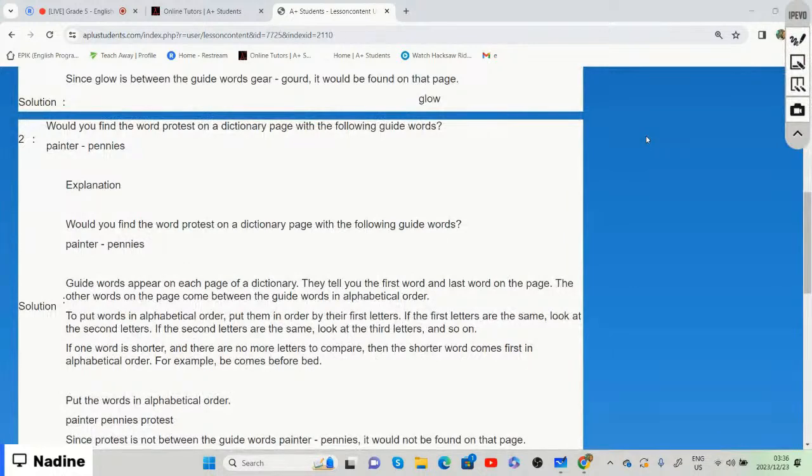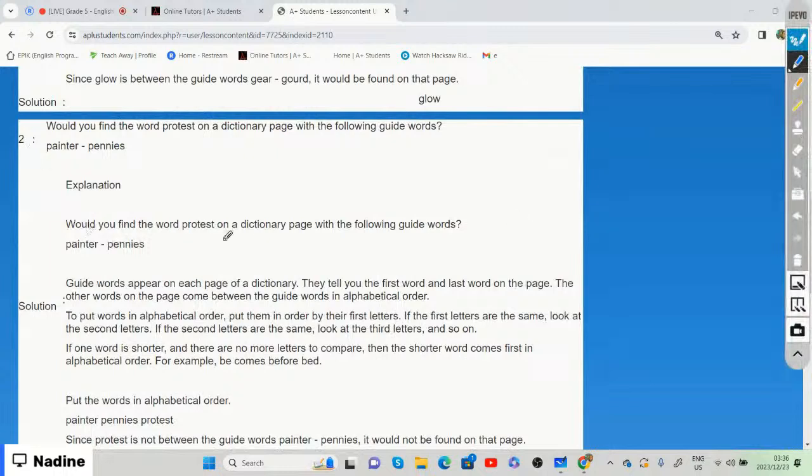All right, so if you look at these two words, painter and pennies, you're specifically talking about guide words. We said our guide words are words that appear on each page of the dictionary.